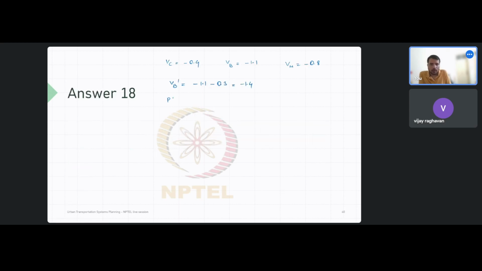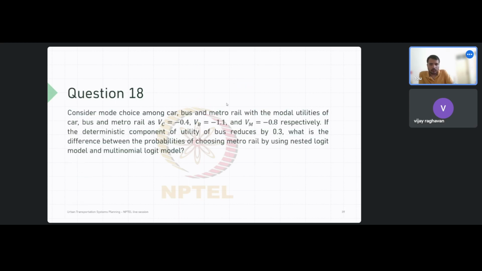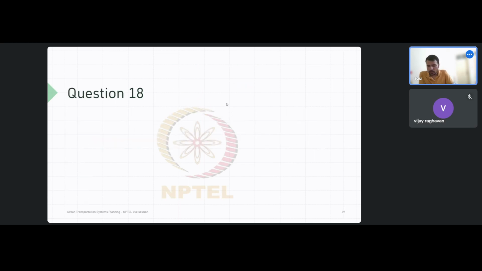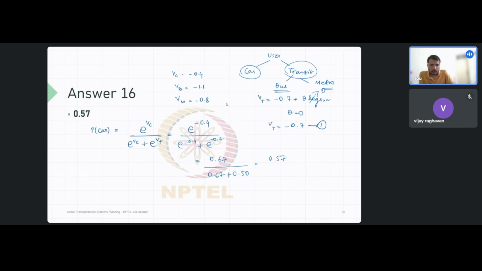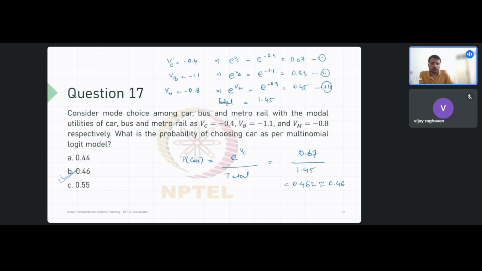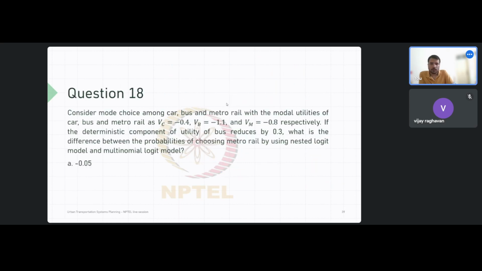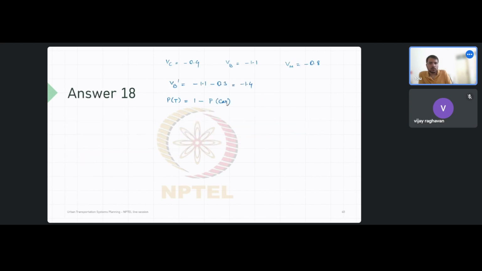So probability of transit will be 1 minus probability of car. So probability of car was 0.57 that we found in the first question using the nested logit model. So it will be 1 minus 0.57.